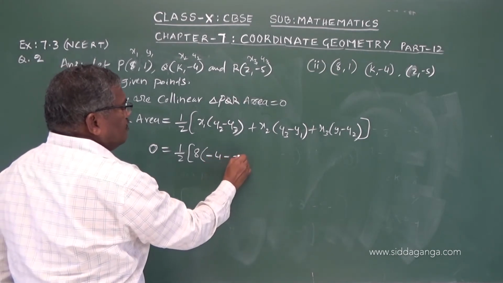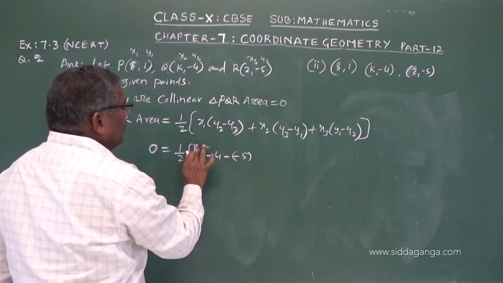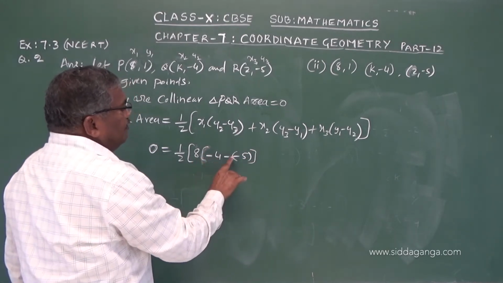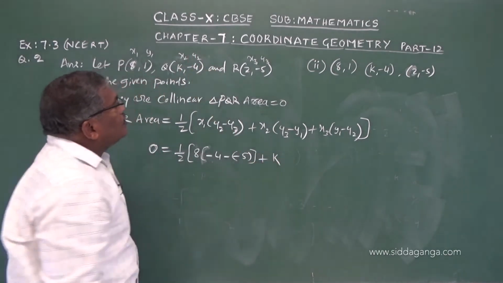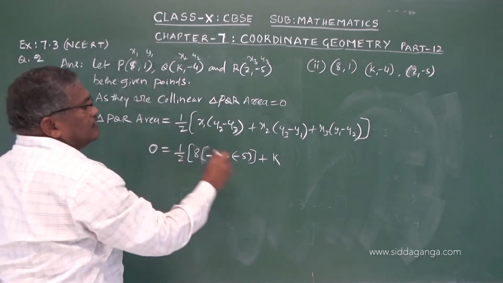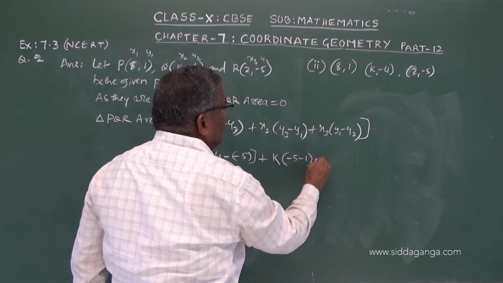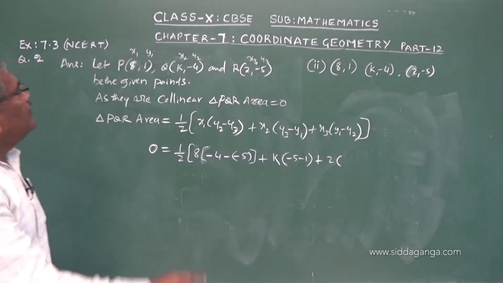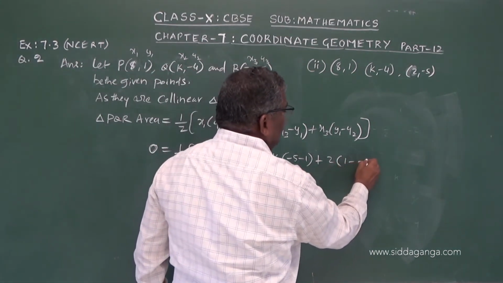You have to be extra careful when you get minus signs. Plus x2, which is k, into y3 minus y1, so minus 5 minus 1, plus x3, which is 2, into y1 minus y2, so 1 minus of minus 4.